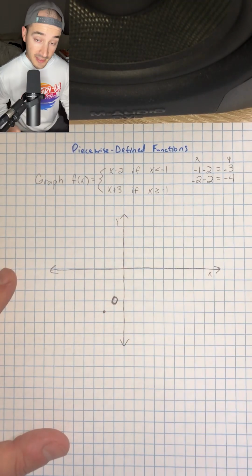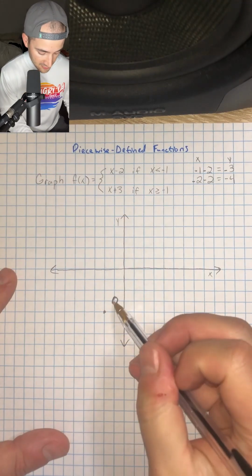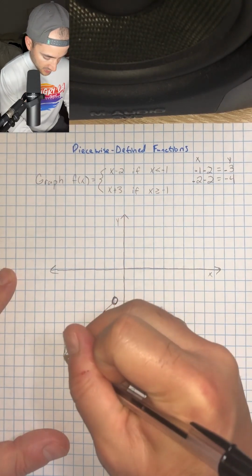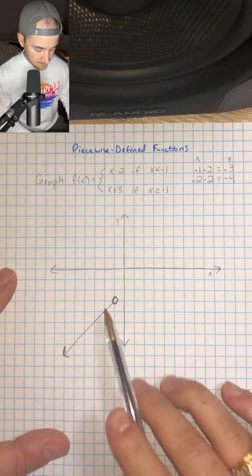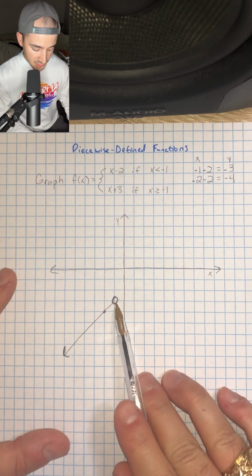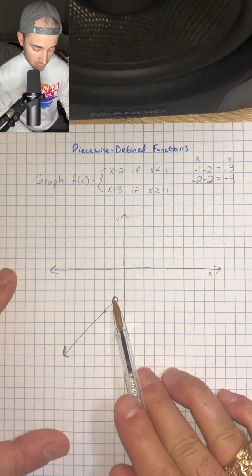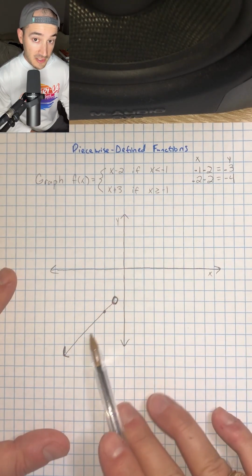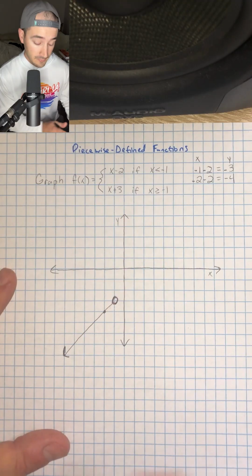And so now we can see what our line is starting to look like. Starting here, we have a line going back this way, going down, okay? And it stops once we get here at an open circle because it is not equal to negative 1. We just use that function when it's less than negative 1, okay?